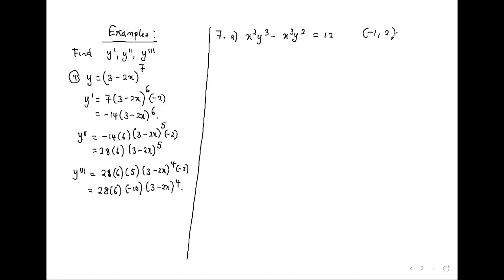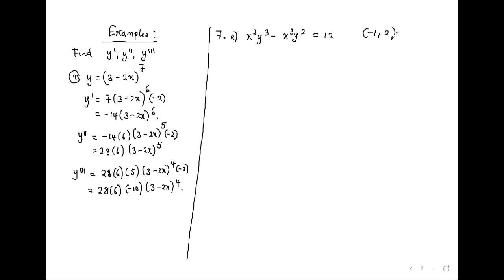The target is to find the first derivative, that is called the gradient of the equation. Always when we are unable to solve for y, you differentiate using implicit differentiation.